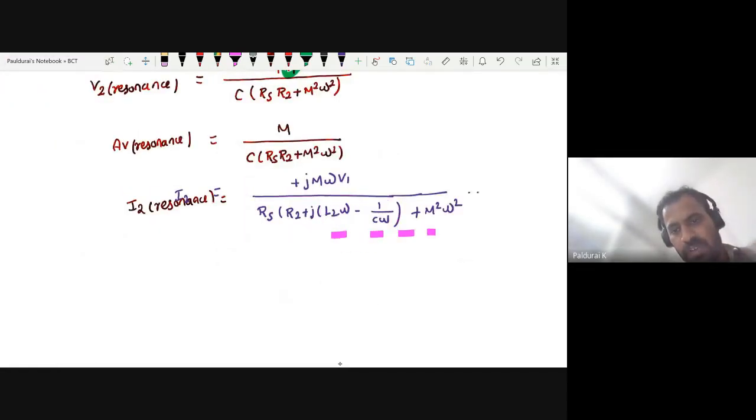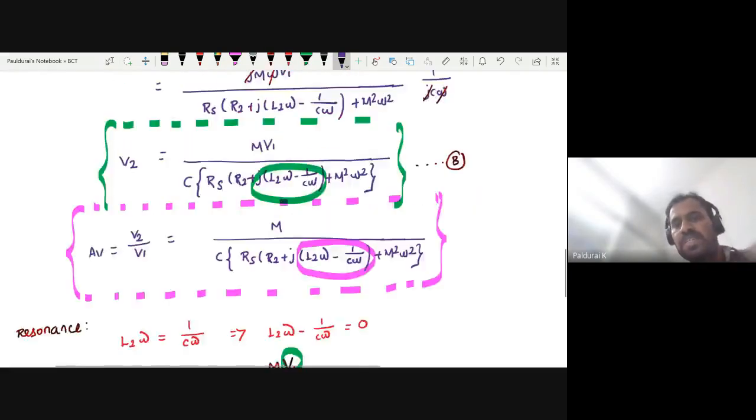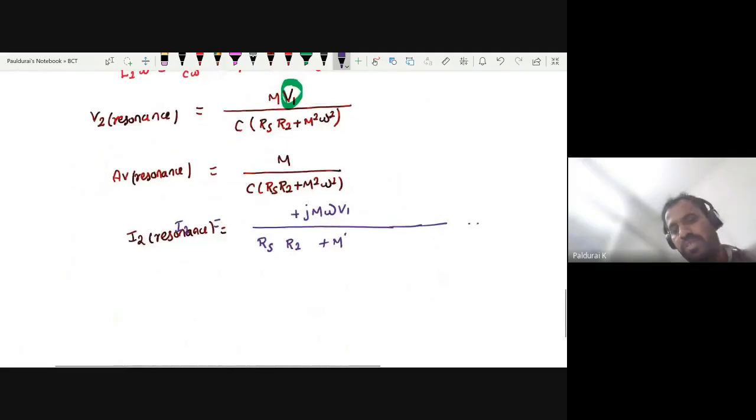If you make this one as 0, then what will happen? Rs R2 plus m squared omega squared. So this is I at resonance.